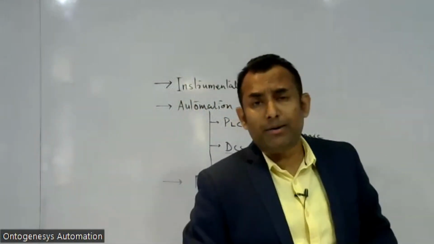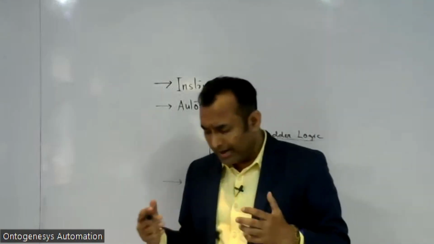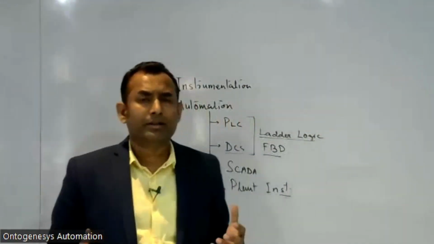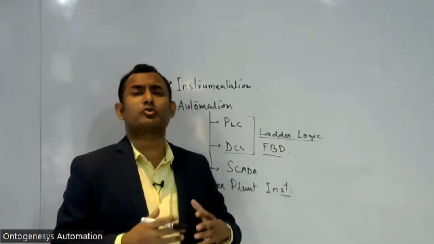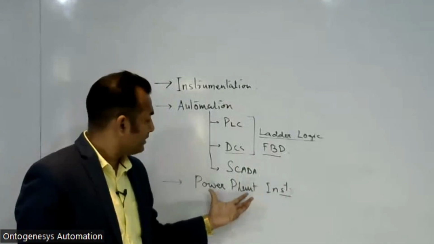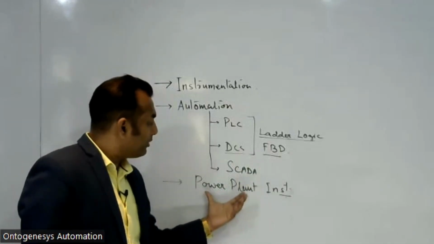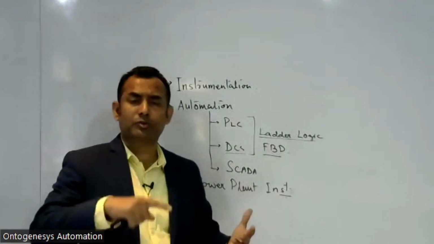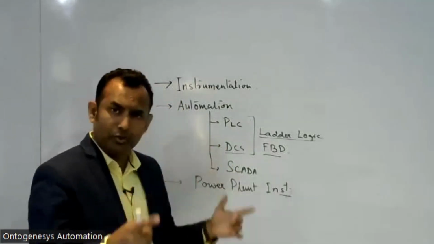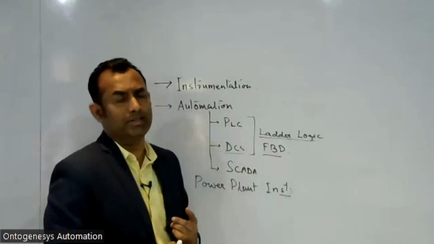Because a thermal power plant having an AFBC or CFBC boiler and steam turbine, the control system is the most complex control system, I would say, in terms of industry. Now, while we'll be learning power plants, we have to learn steam turbine control and how to develop those logics for controlling the steam turbine.